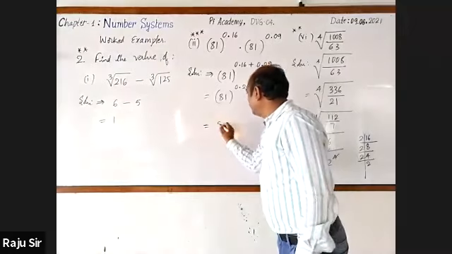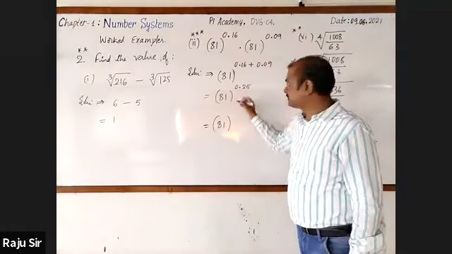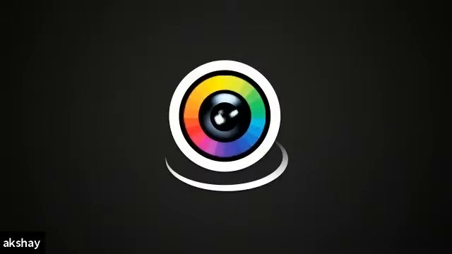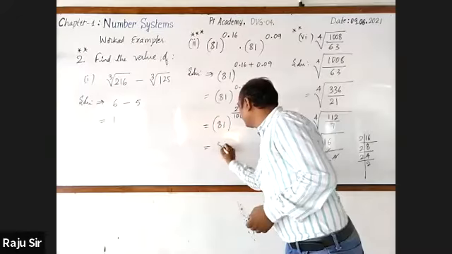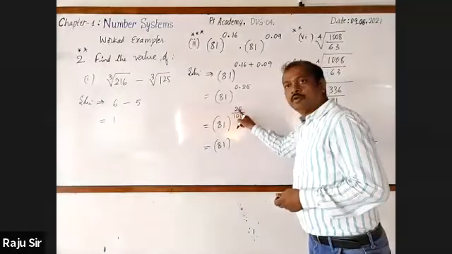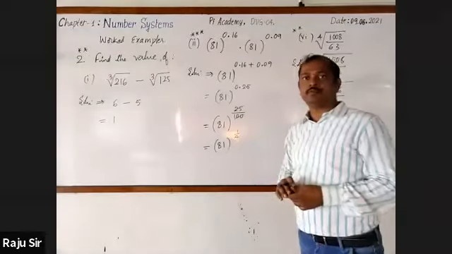This is equal to 81 whole raised to the power 0.25, which is 25 by 100, which is 1 by 4.